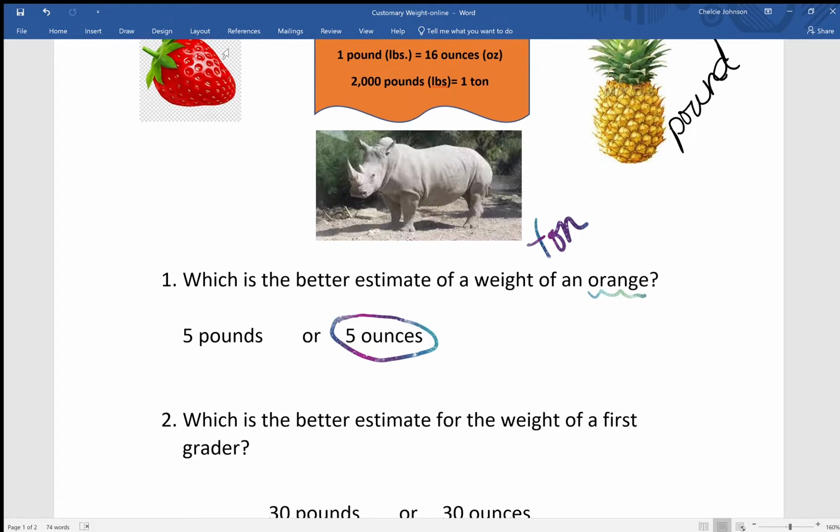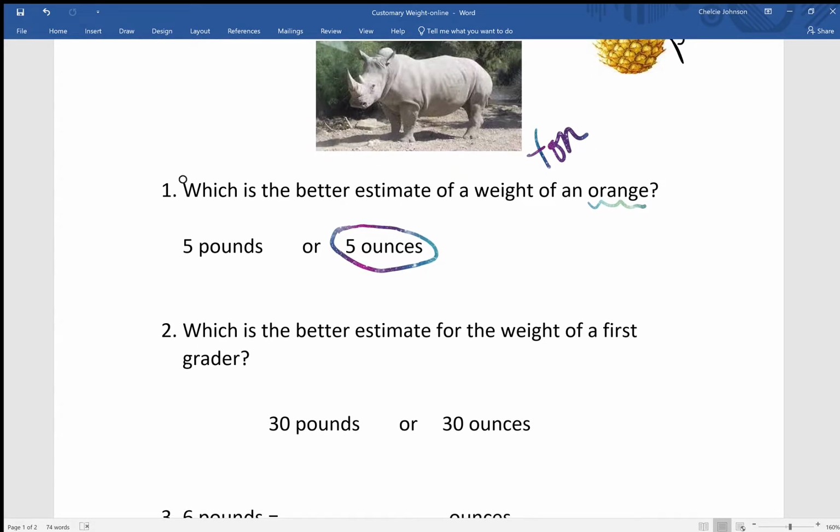Okay, so now let's go down to number 2. Which is the better estimate for the weight of a first grader? So now not you fourth graders, but a first grader. Although I think maybe I weighed this much when I was a fourth grader. So anyway, we have 30 pounds or 30 ounces.